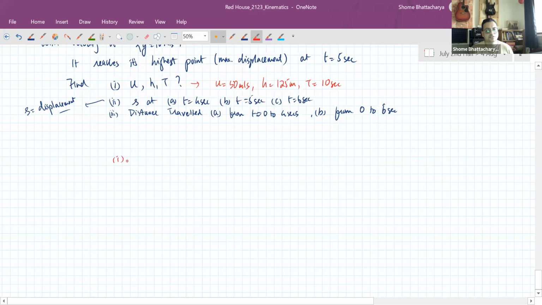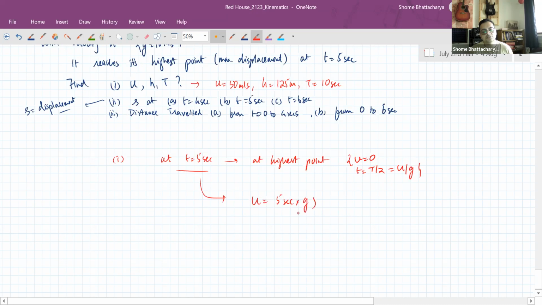So this first part you can see from the fact that at t equal to 5 seconds, it's at the highest point. So the velocity is 0 and the time is half the total time of flight, which is u by g. So from this information, we know that u is 5 seconds multiplied by g, 50 meters per second.